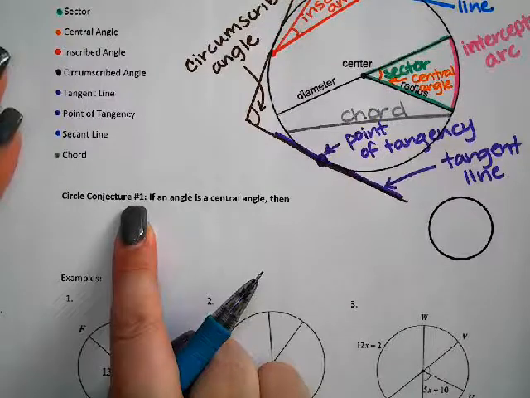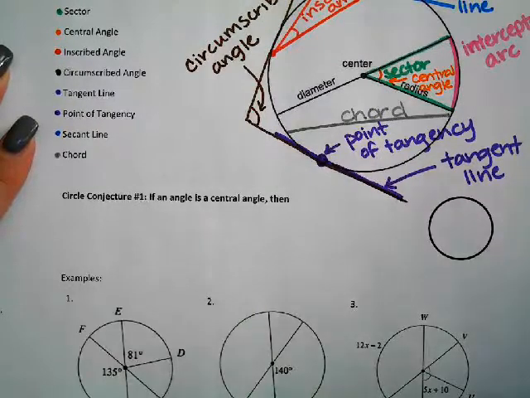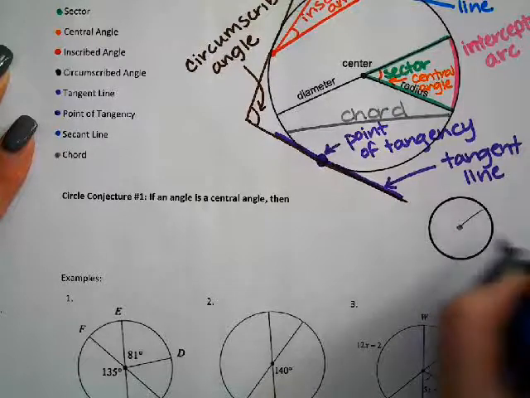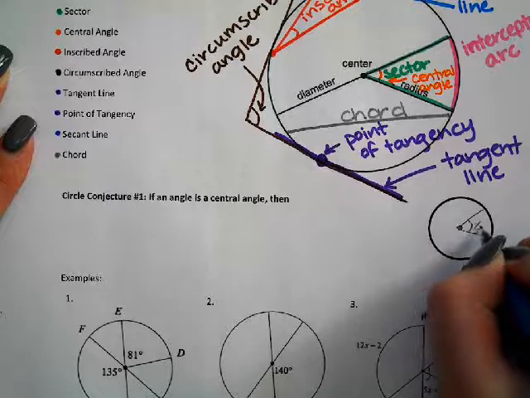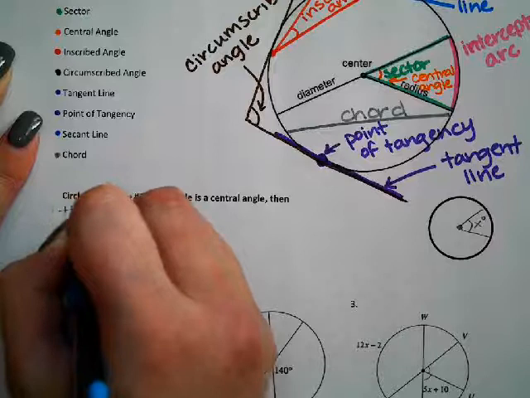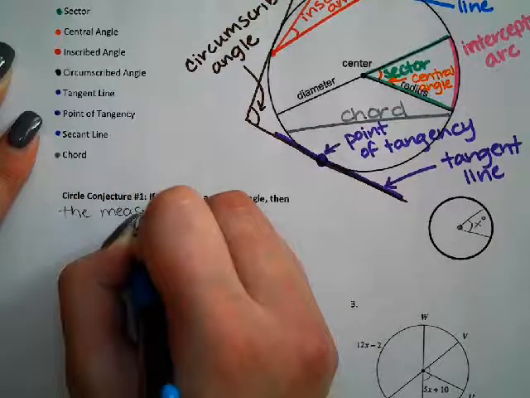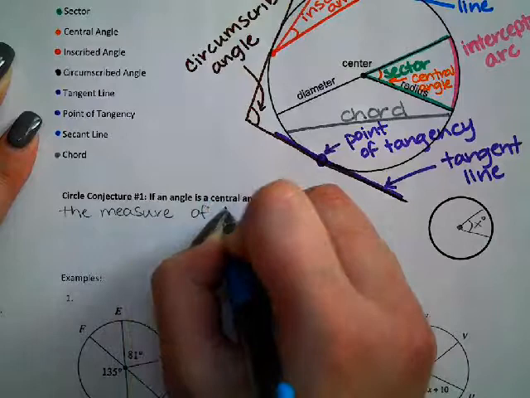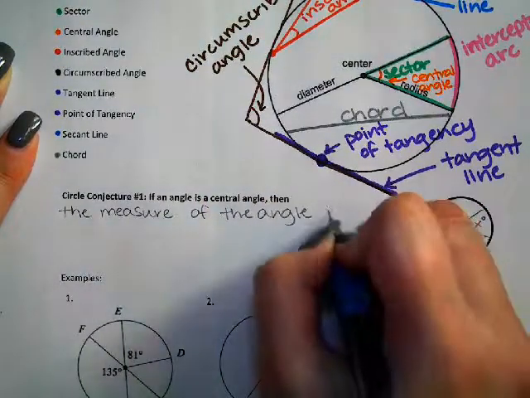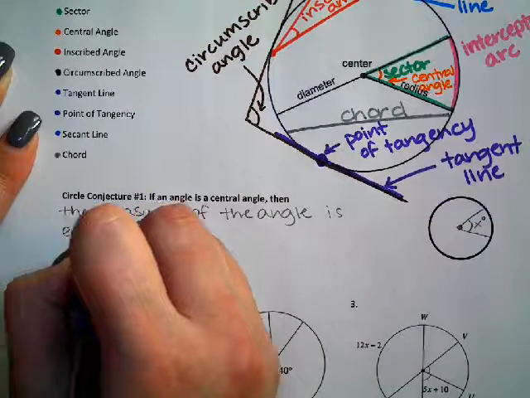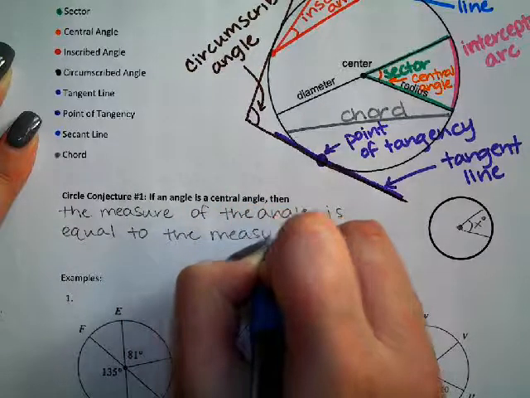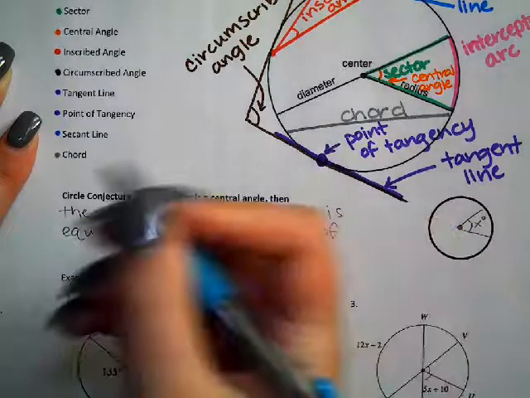So circle conjecture number 1 says, if an angle is a central angle, so if you start with the center of the circle and you make an angle, we're going to label this as x degrees, then the measure of the angle is equal to the measure of the intercepted arc.